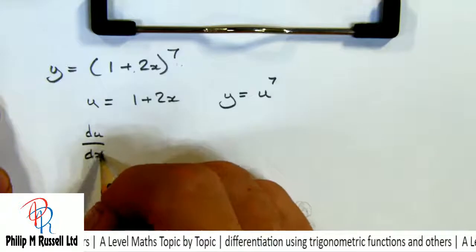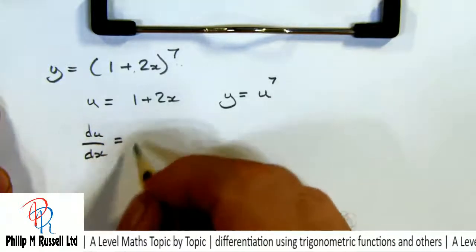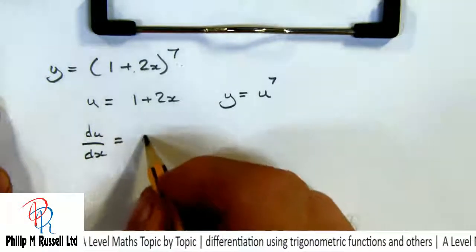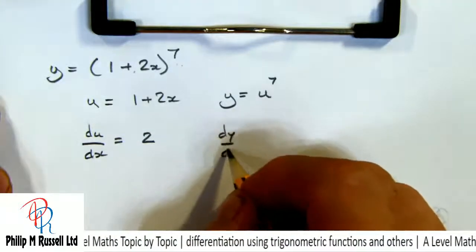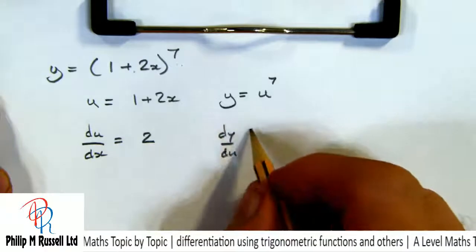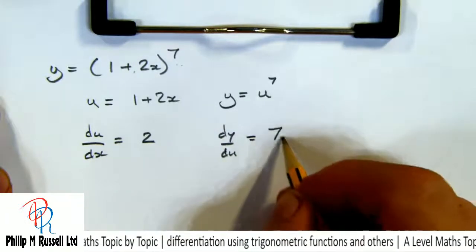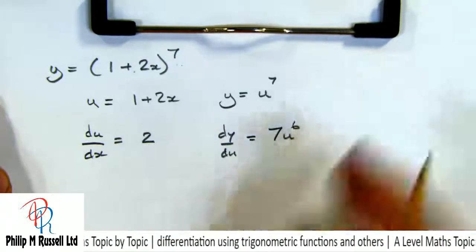du by dx, and students don't like writing all this out because it's an awful lot of effort, is going to give us 2, and dy by du is simply going to give us 7u to the 6.